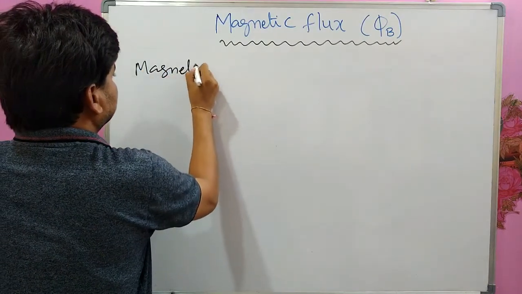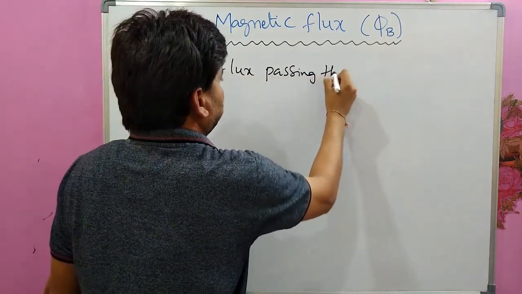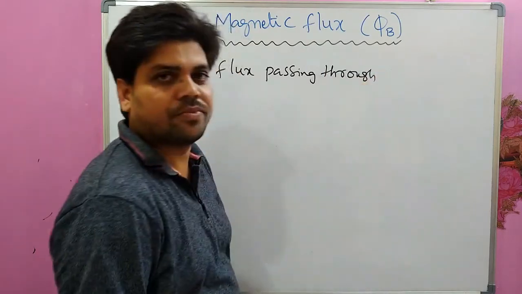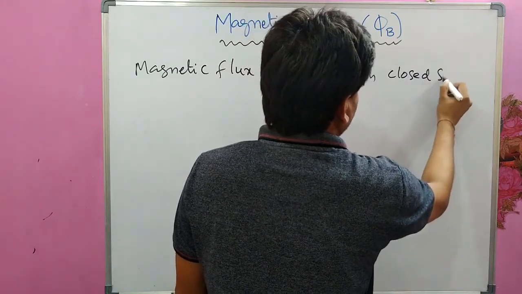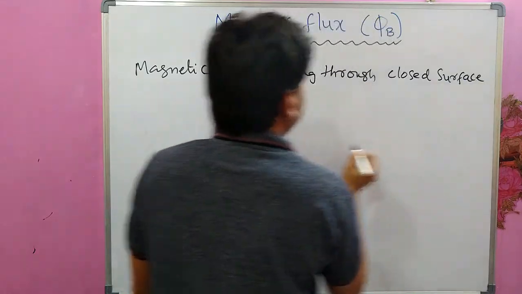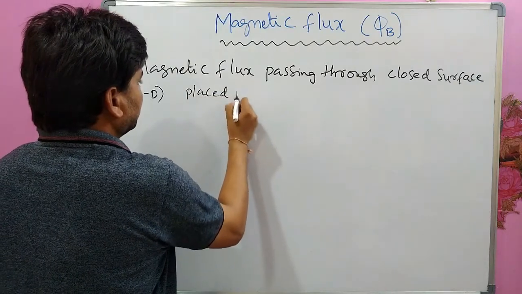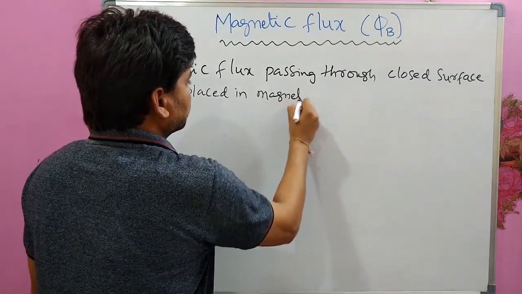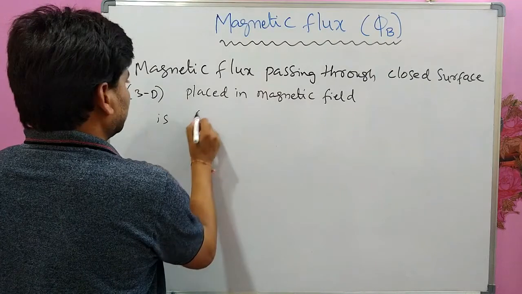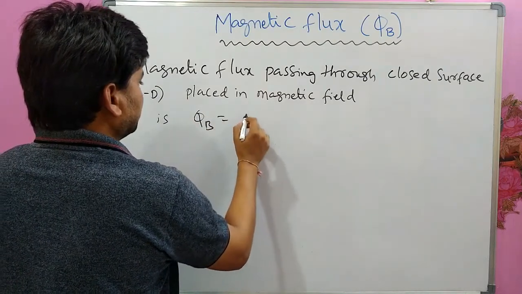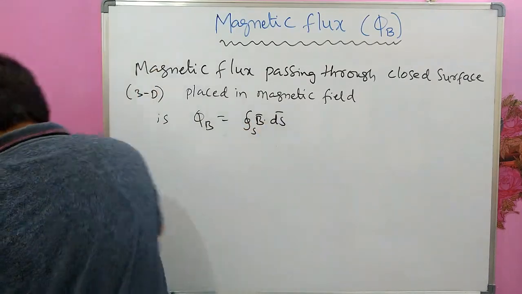Magnetic flux passing through a closed surface, that is 3D, placed in a magnetic field is phi B equal to the integral of B bar dot dS bar.